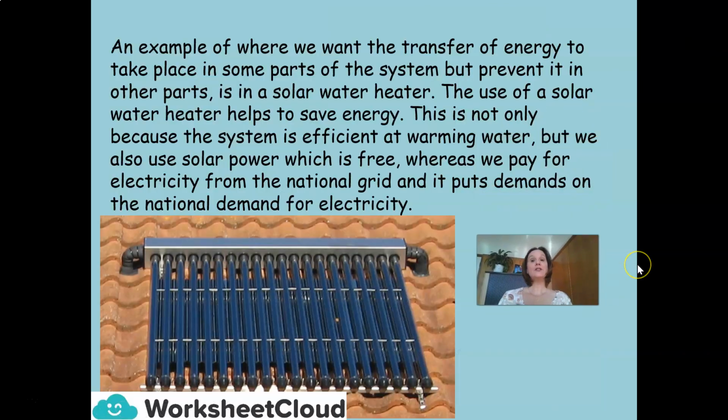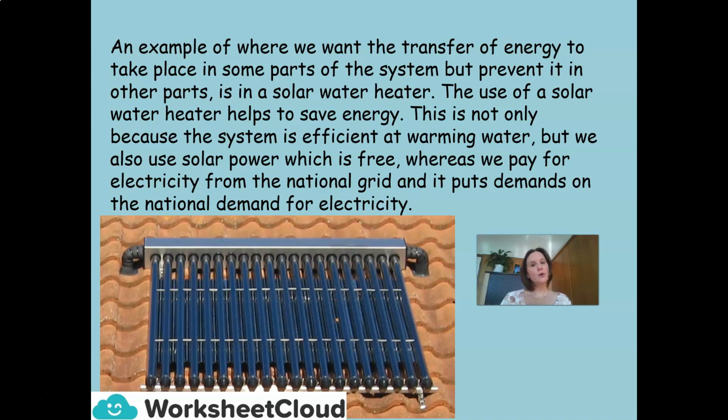So, an example of where we want the transfer of energy to take place in some parts of the system, but prevent it in other parts, is a solar water heater. The use of a solar water heater helps to save energy.